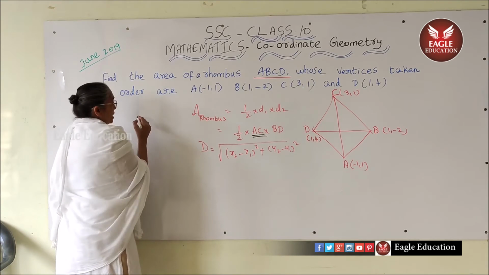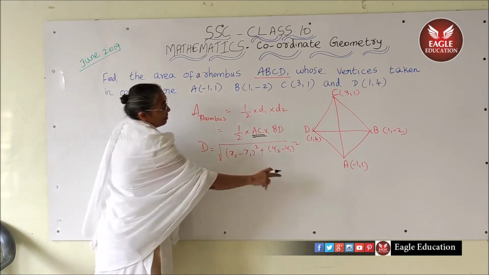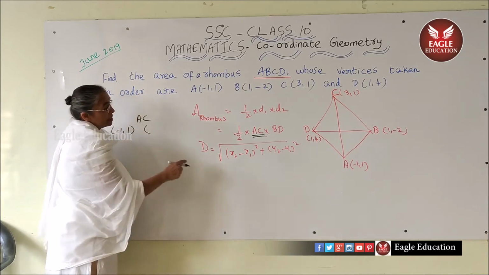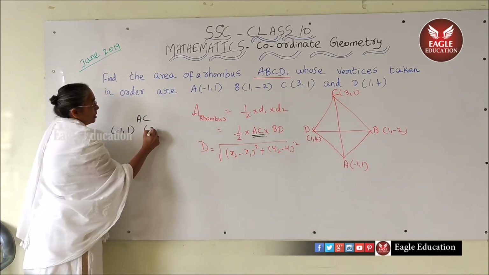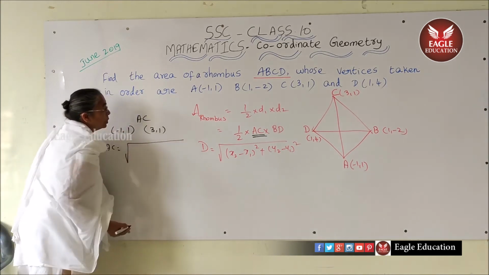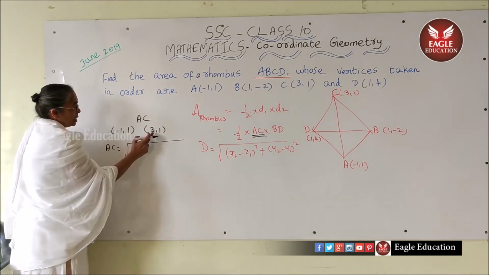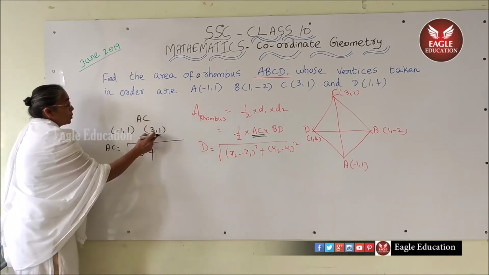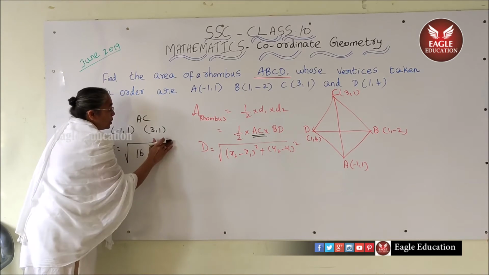While finding the distance AC, our A vertex is -1, 1 and C vertex 3, 1. Substituting in the formula, AC is equal to root over x2 minus x1 whole square, 3 minus of -1, 4 square 16, plus 1 minus 1 whole square is 0. So root 16.